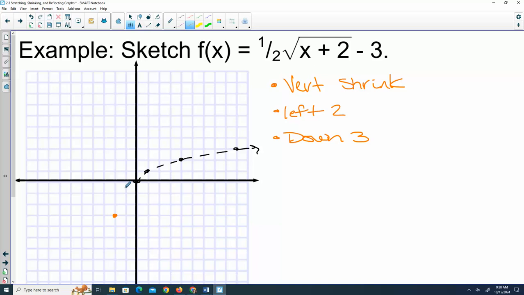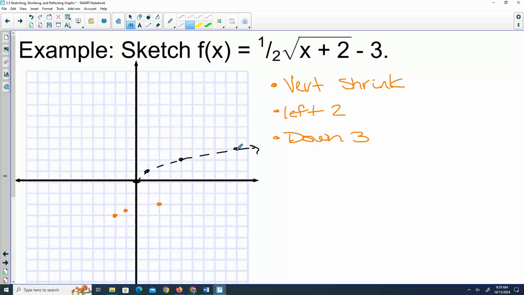Left 2, down 3. 4, 2, my y value is 2. If I take that times a half, it's now 1. Then left 2, down 3.